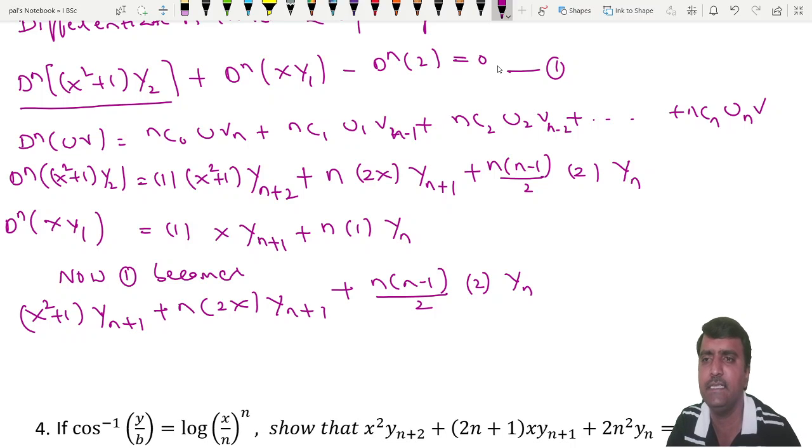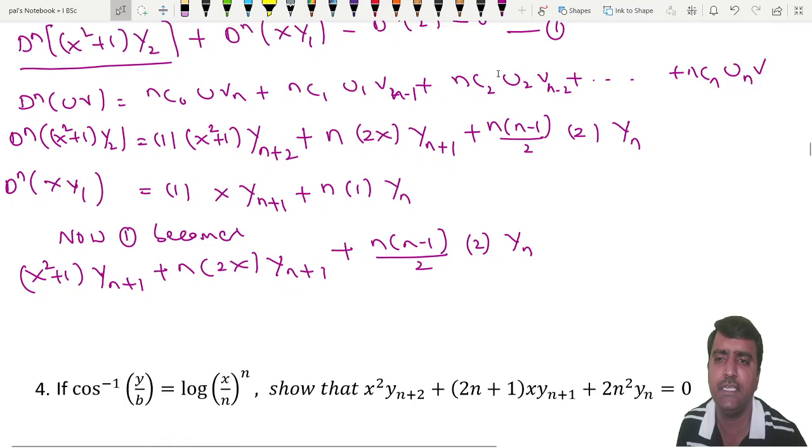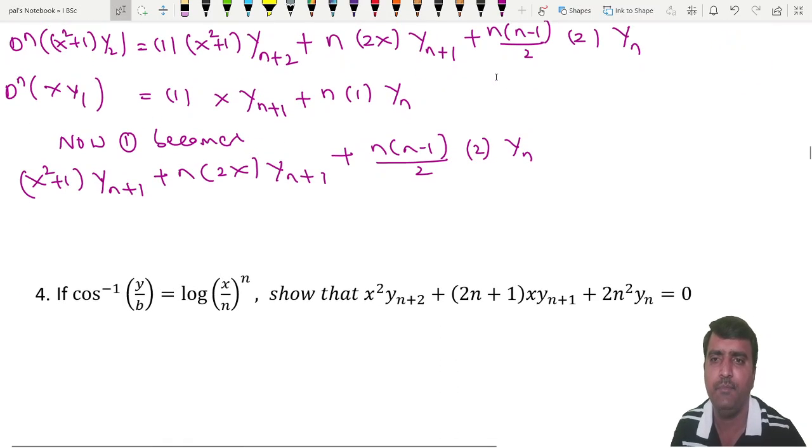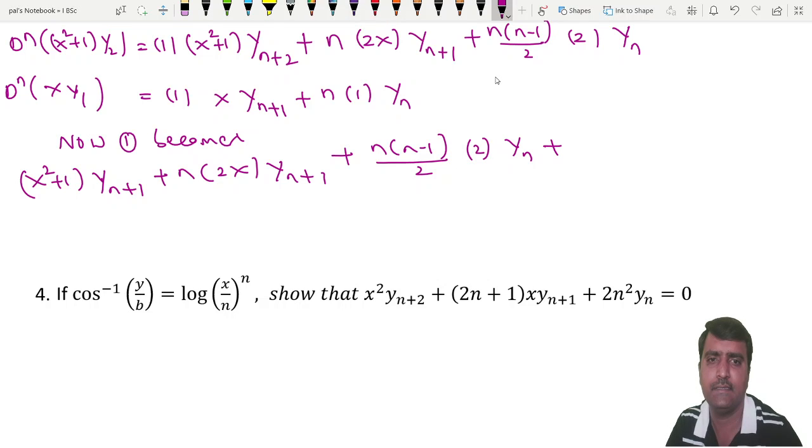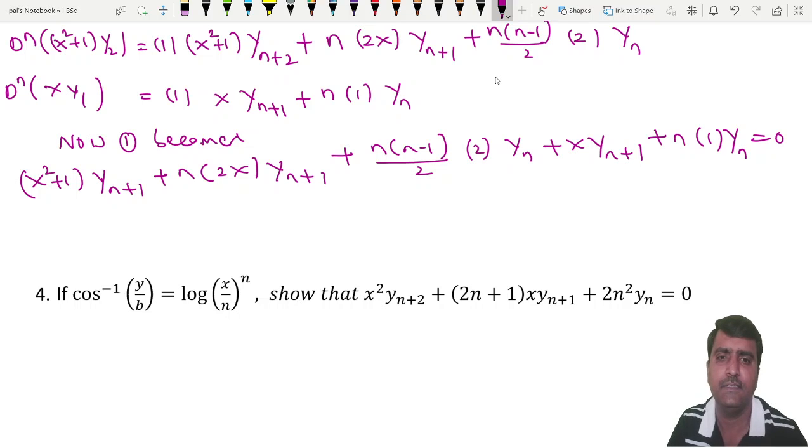Okay, this is the nth differentiation of x square plus 1 y2. Similarly, nth differentiation of xy1 is x into yn plus 1 plus n into differentiation of x is 1, and differentiation of yn plus 1 is yn. This is equal to 0.